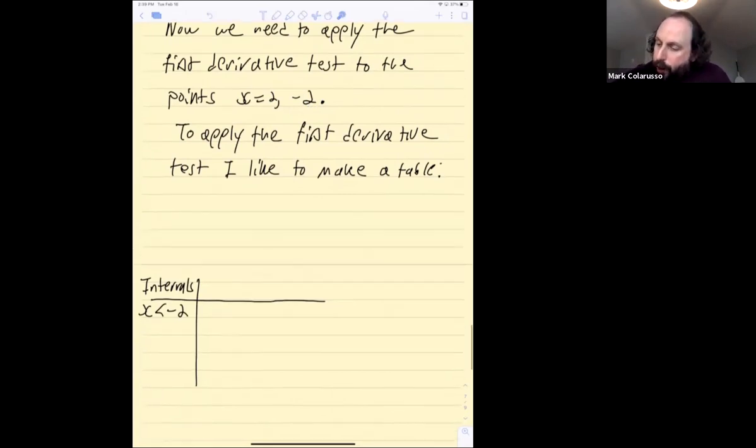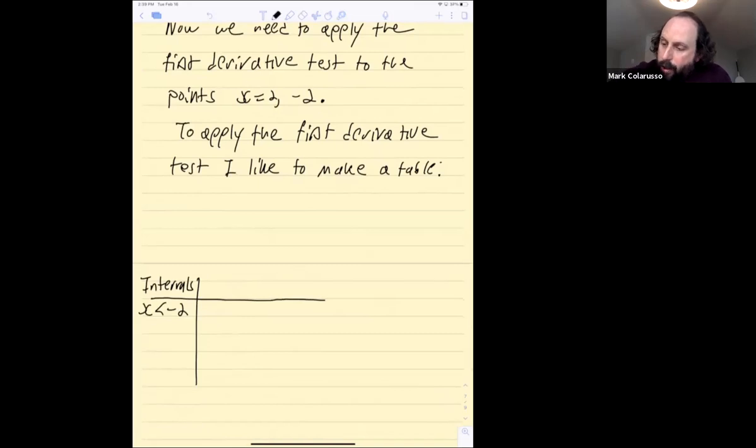So the next interval, for the next row, is x between minus 2 and 2. And then we'll have to check the sign of the derivative to the right of 2. So the next row is x larger than 2. And so those are the 3 rows in this case.